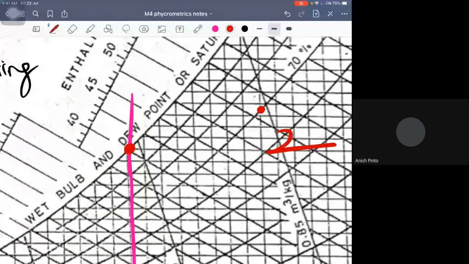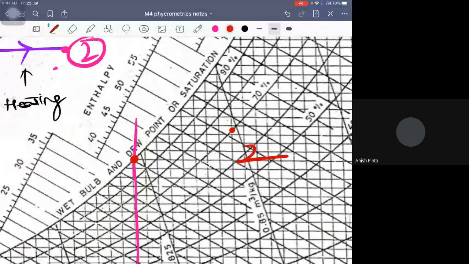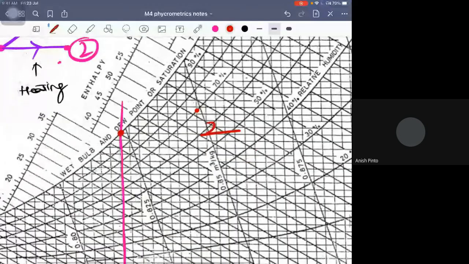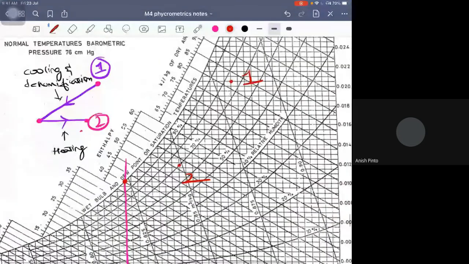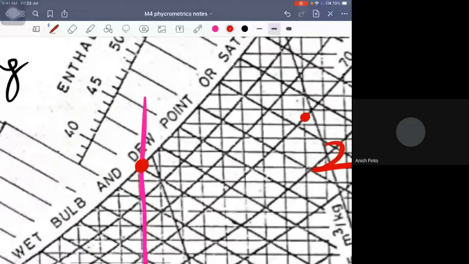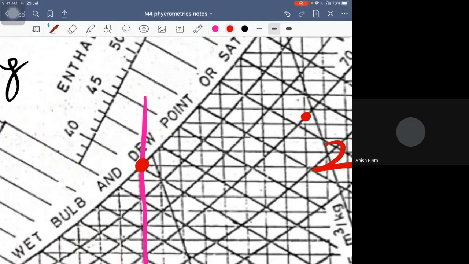Are you observing the point? It cuts the extreme curve, the 100% saturated RH curve. On that 100% RH curve, mark a point. Okay, mark the point. And that particular point, you can take it as state 4, which is the saturation point. I'll tell you, just mark state 4.